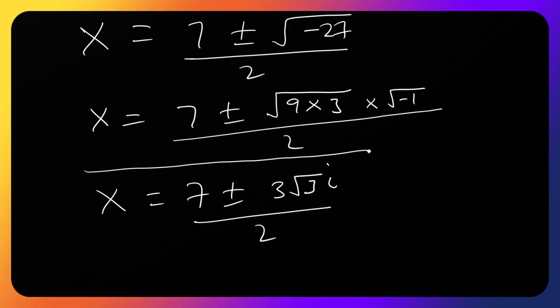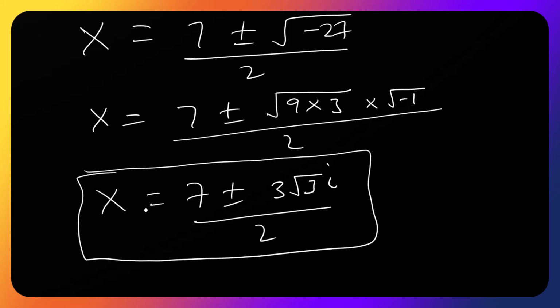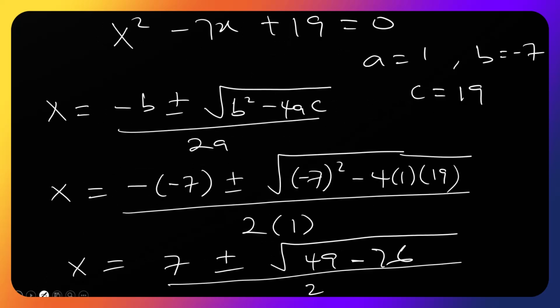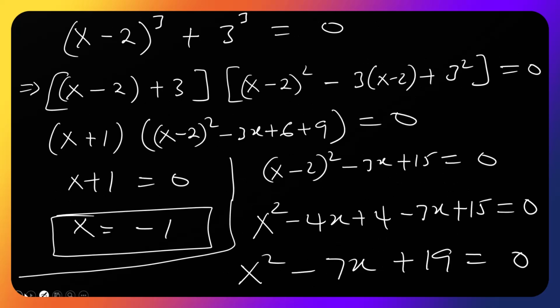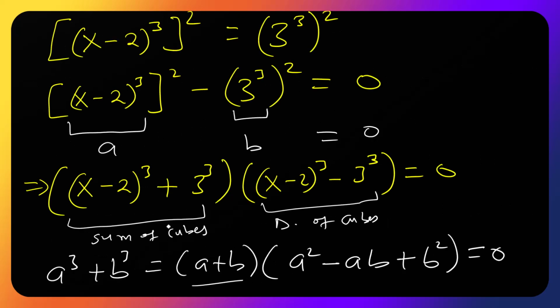So we have 2 answers here. Okay, now remember, because the highest power is 6, we are expected to get 6 solutions, and already we have generated 3. So this one is 1, and this one being quadratic has given us 2 more solutions.